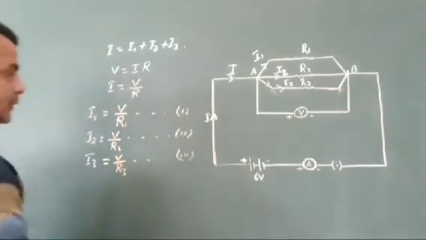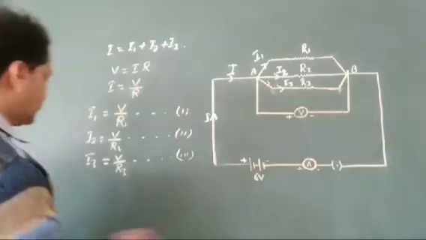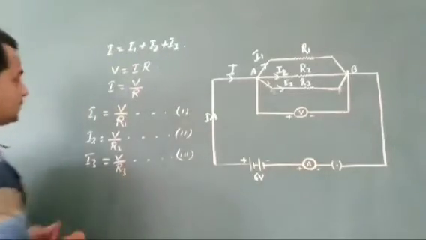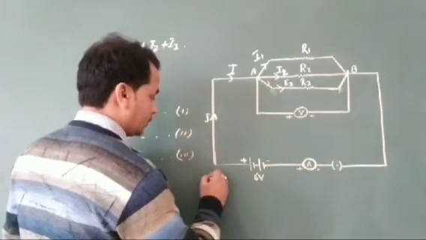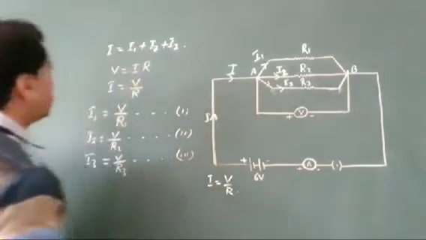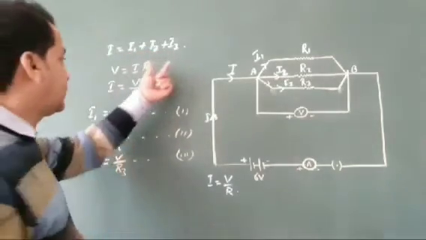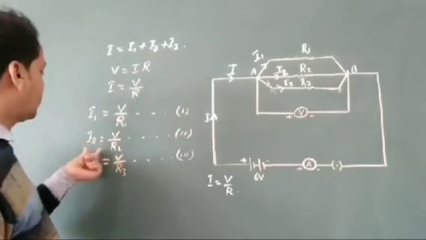So here the potential difference is V and the equivalent resistance is R. Then current I equals V by R. So the net current is I equals I1 plus I2 plus I3, and we put the values of I1, I2 and I3.